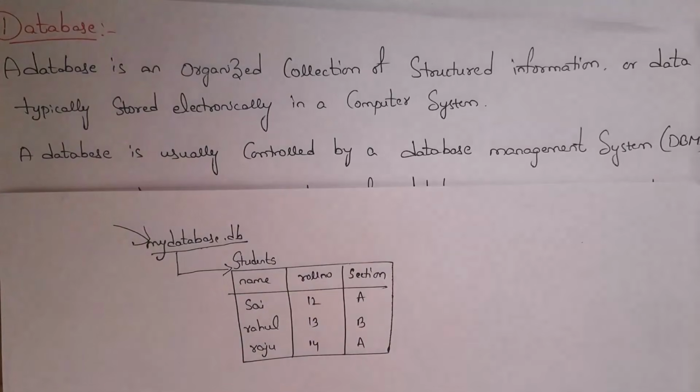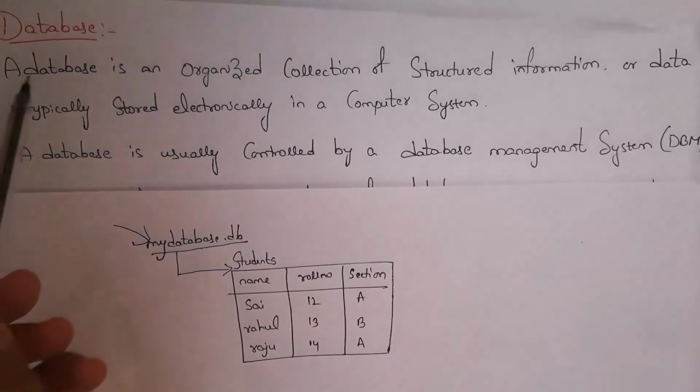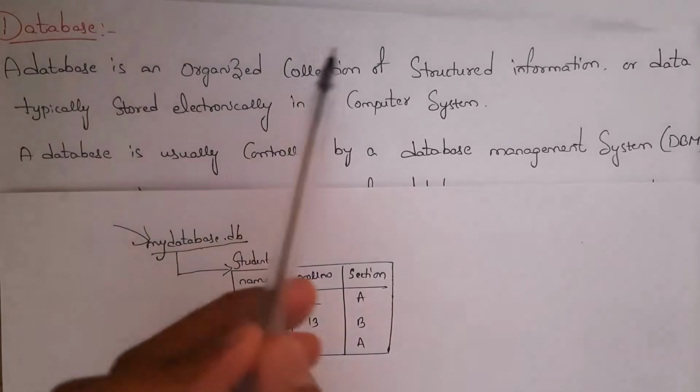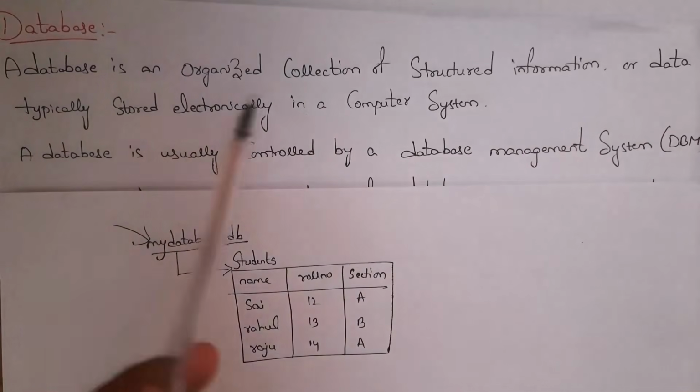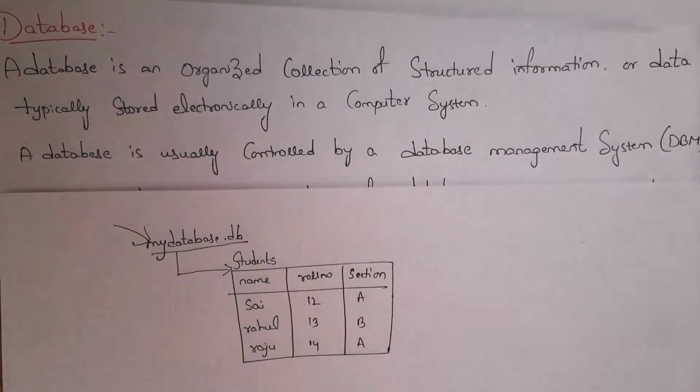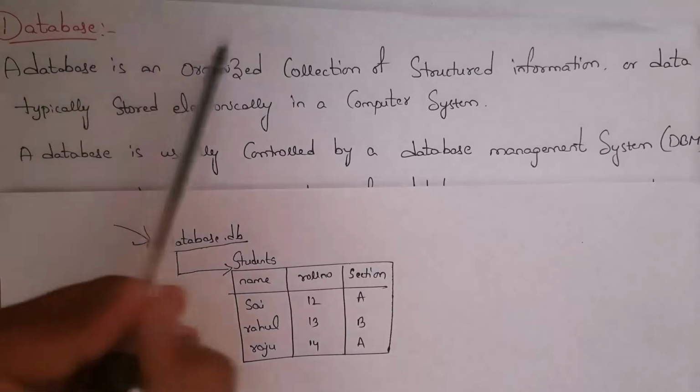This table is a structured format. So a database is an organized collection of structured information or data, typically stored electronically in a computer system, and we will store this database in the computer. For example, if you consider this database, my database name is mydatabase.db, and we will store this database in the computer. So this is the definition of database.